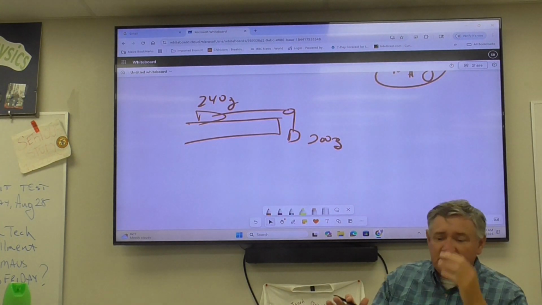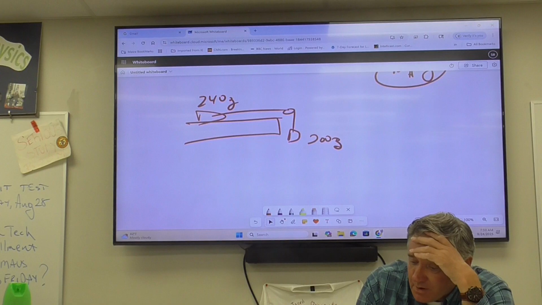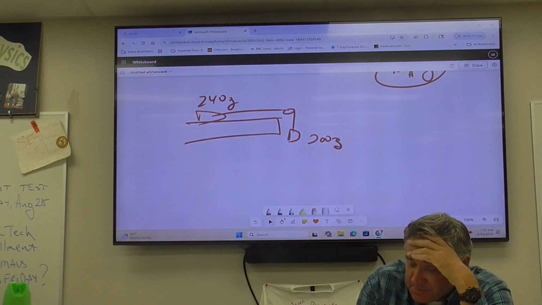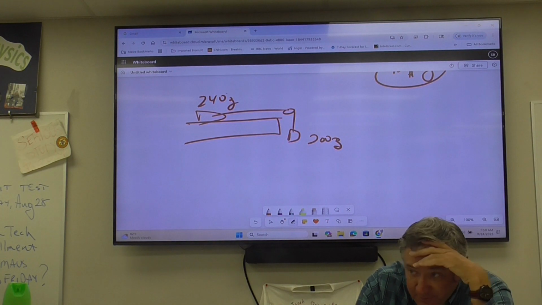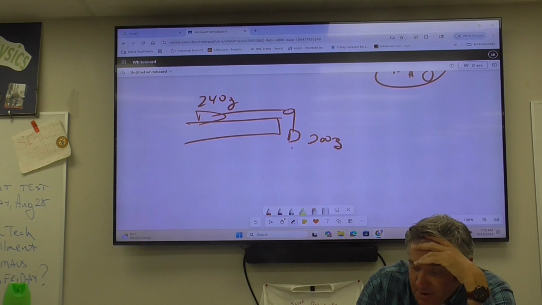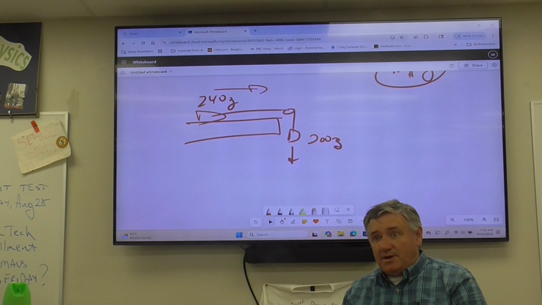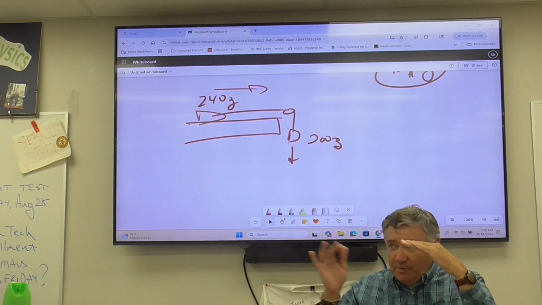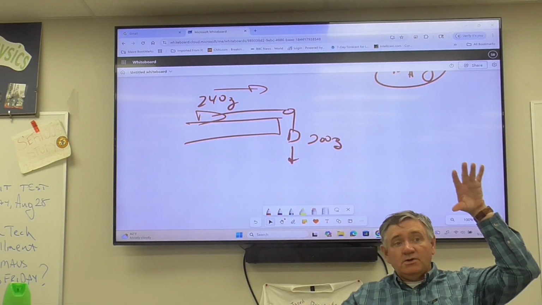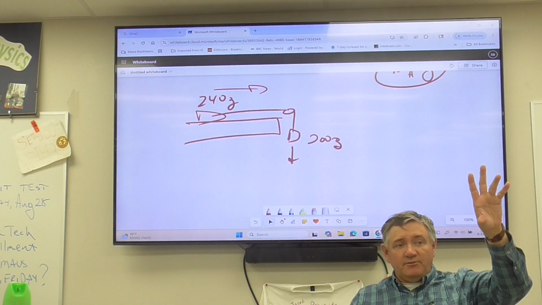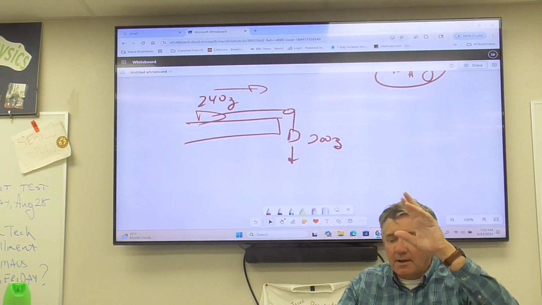Here's what I want you to see, the difference. If I put the 200 gram mass here and the 240 gram mass up on the table, the 200 gram mass is going to fall and you're going to drag the 240 gram mass with it. So if you put it on a flat surface, the 200 gram mass falls, the 240 gram mass stays up here.